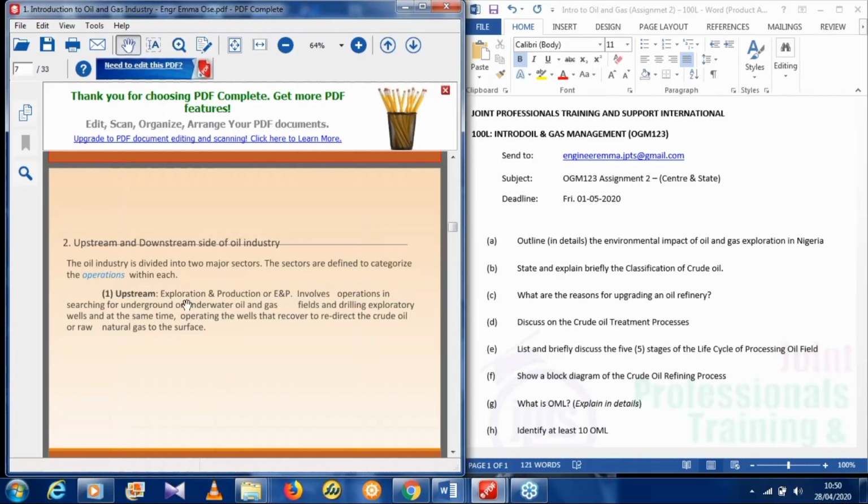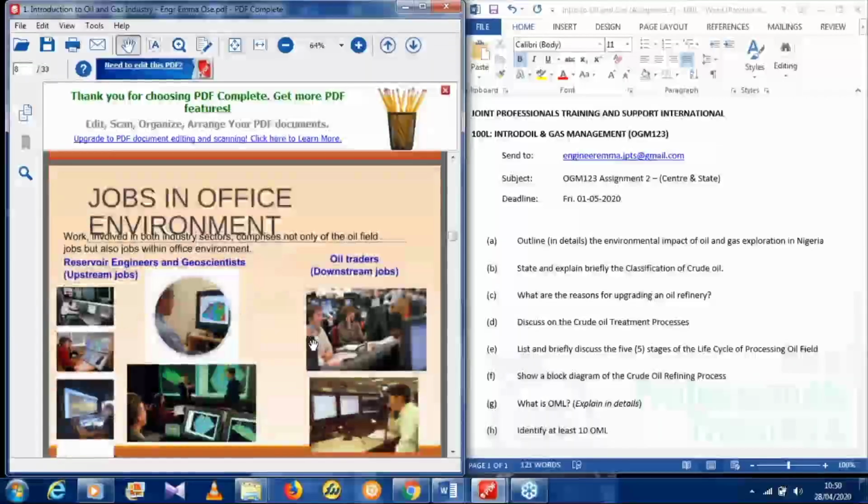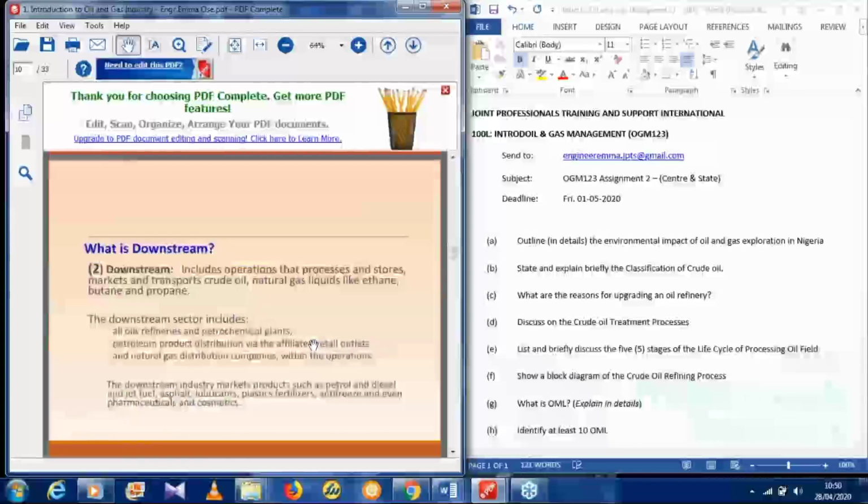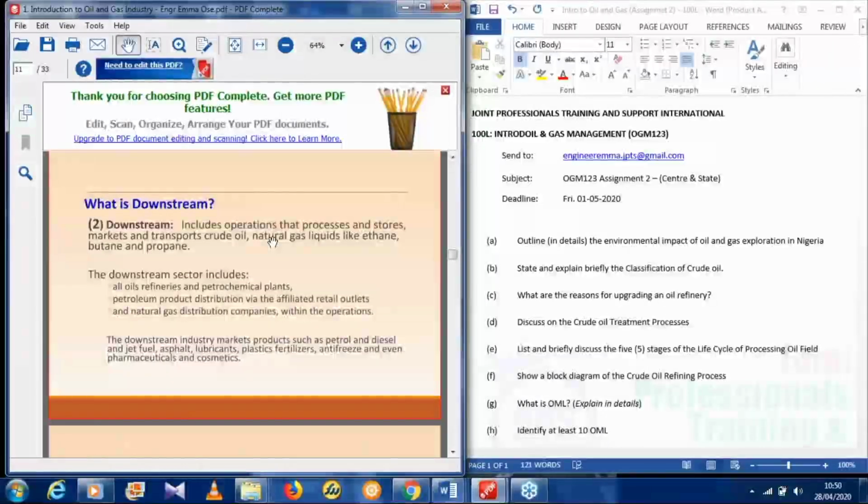The upstream is for exploration and production, and we have explained the process of exploration and production. The downstream is the aspect that includes processing, stores, markets, and filling stations. These areas are regarded as the downstream.